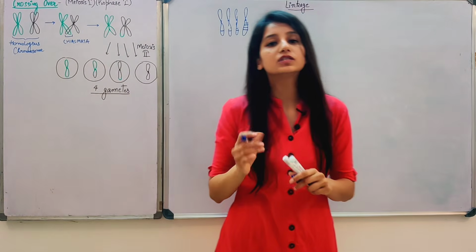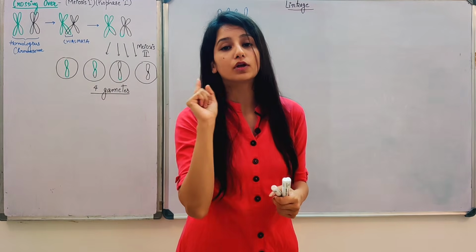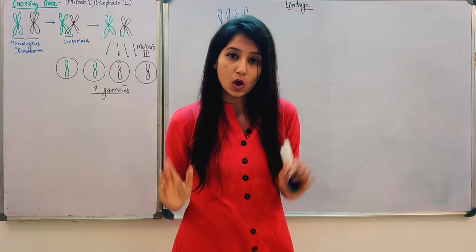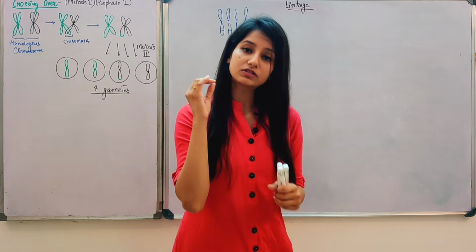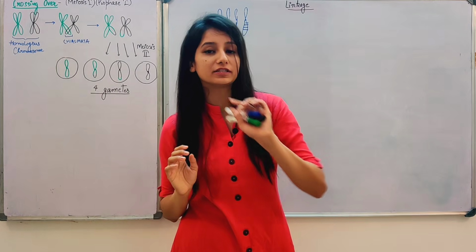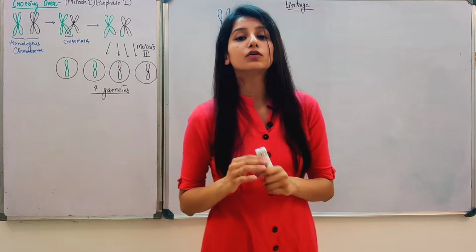But from this we came to know that on one chromosome more than one characteristic was present. So Mendel studied 7 characteristics and more than one characteristic was present on one chromosome. Did you understand till now?